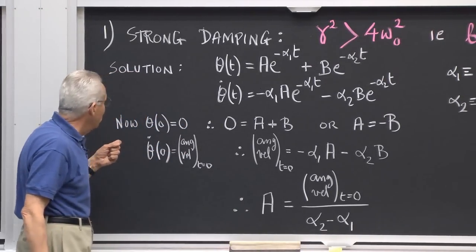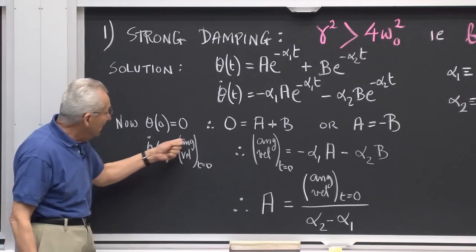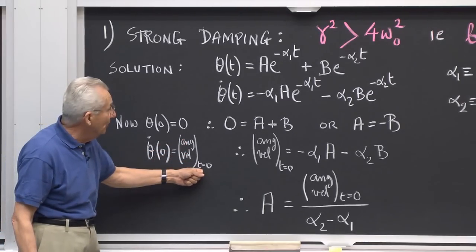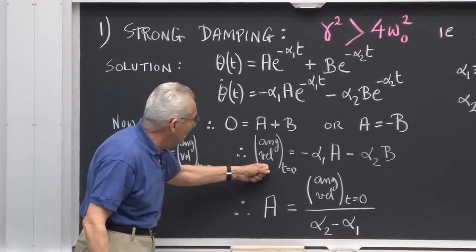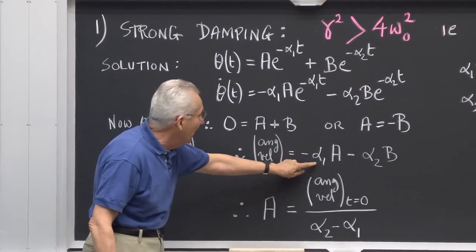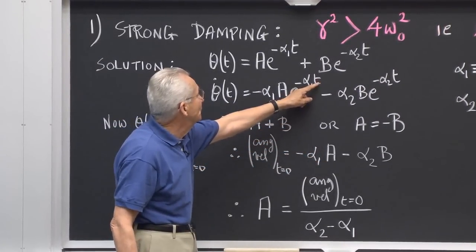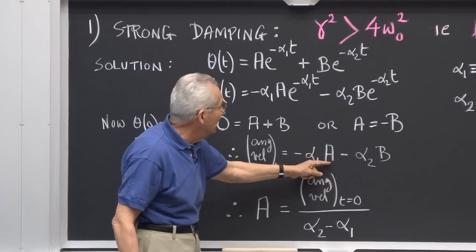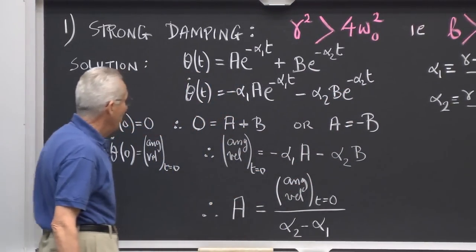We know that at t equals 0, the angular velocity, theta dot, is the angular velocity at t equals 0. And so, angular velocity at t equals 0 must be equal to minus alpha 1 times a, and at t equals 0, this is 1. So it's minus alpha 1a, and here minus alpha 2b.